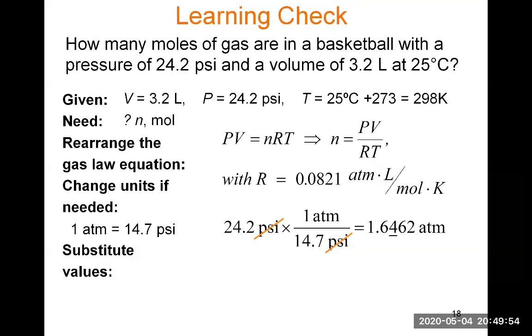So this is an intermediate answer. It's not asked for. So you do not want to round it. However, you want to underline where you would stop if you were to round it, to know how many sig figs you will get from this value. And here, the given amount has 3 sig figs. The 1 atmosphere is exact, and the 14.7 psi also has 3 sig figs.